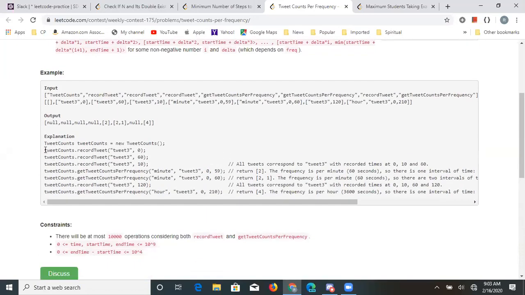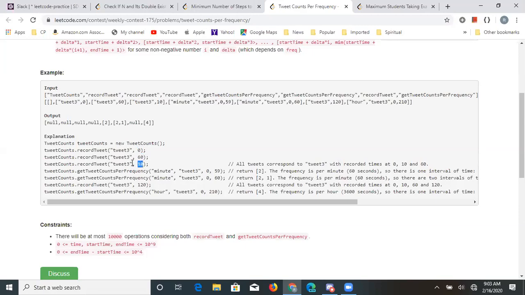So something like this. You will record tweet 3 at time 0, tweet 3 at time 60, and tweet 3 at time 10. All these are currently in seconds. So at the 0th second there was a tweet 3, again at the 60th second there was a tweet 3, and at the 10th second there was another tweet 3.